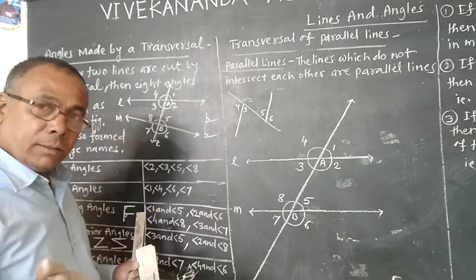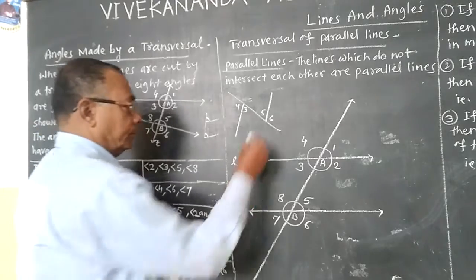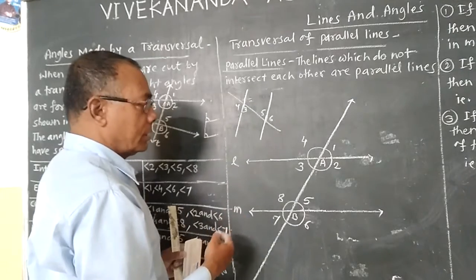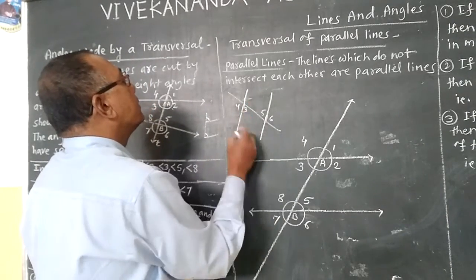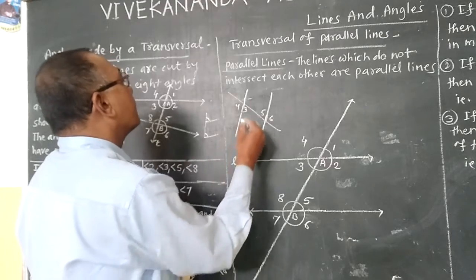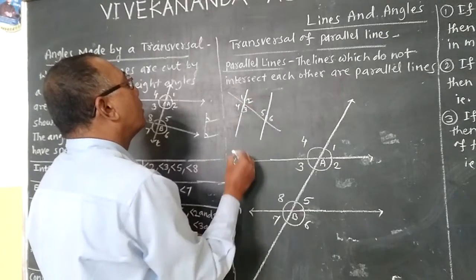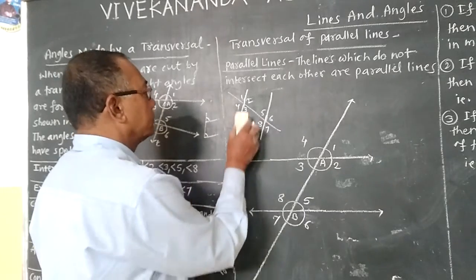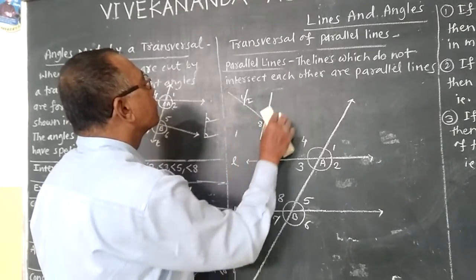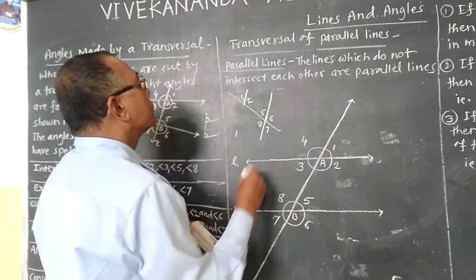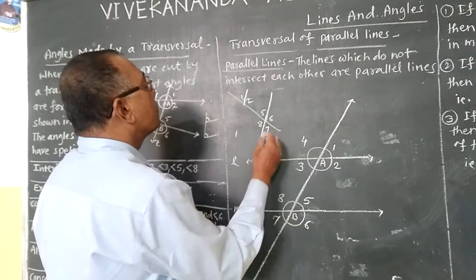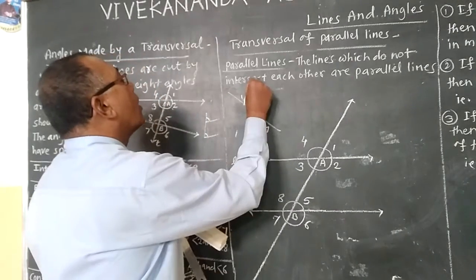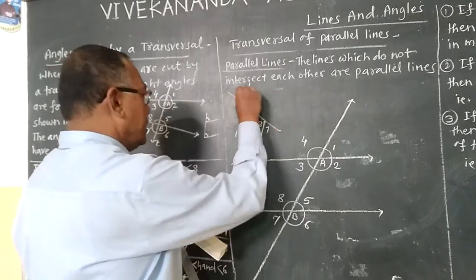So these are the alternate interior angles. If we consider the N in reverse order, so we have to consider N in reverse order.